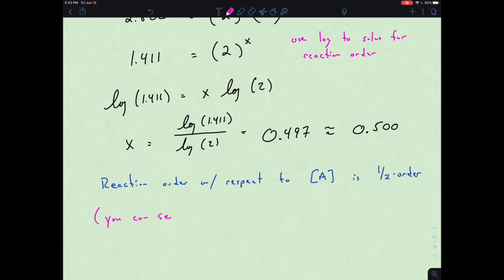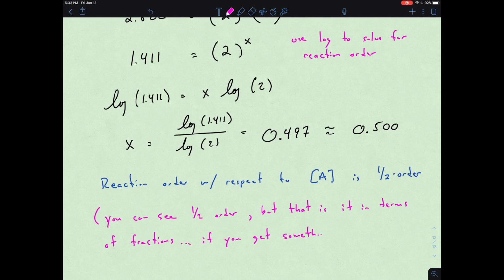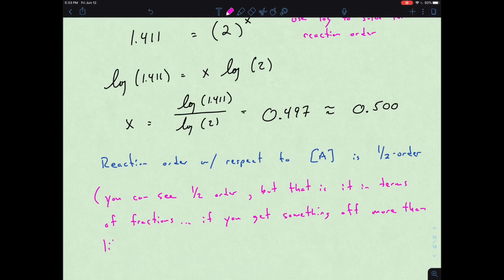You can see half order, but that is it in terms of fractions. If you get something off, more than likely we have a miscalc.